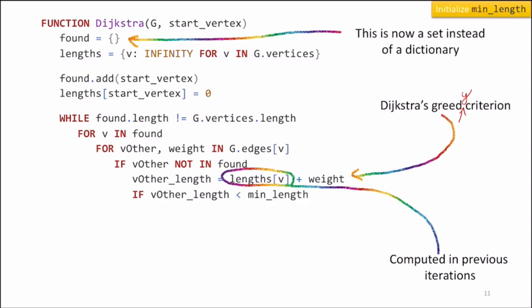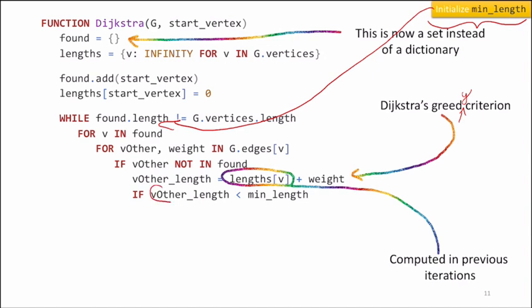And if that happens to be the shortest path length we've seen so far, and I realized as I was going through these slides again that I forgot to initialize the min length. So I was just lazy and try to remember, I'll put that in here somewhere. That min length initialization should really go right in here. So it starts out at infinity, and we're just trying to say, do we find something less than that?